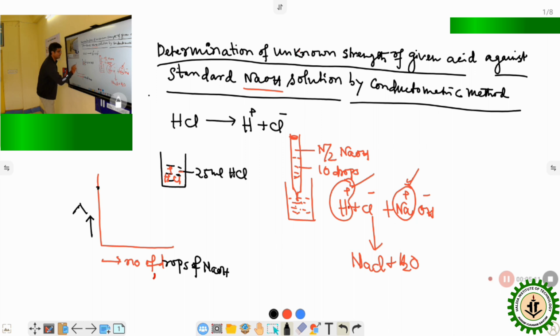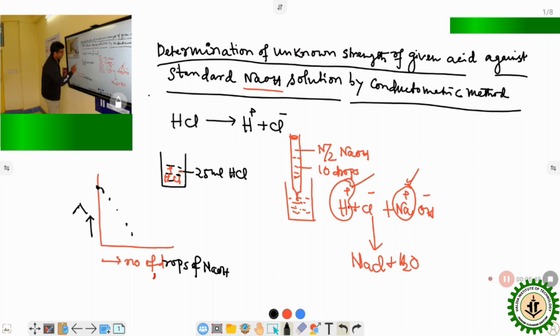Already I told you, at the first initial point the conductance will be high. When we add 10 drops of NaOH into it, the conductance will decrease. And this decreasing conductance will go on up to the point where all the acid will be neutralized by the base. So this is a point, this is a point, this is a point.